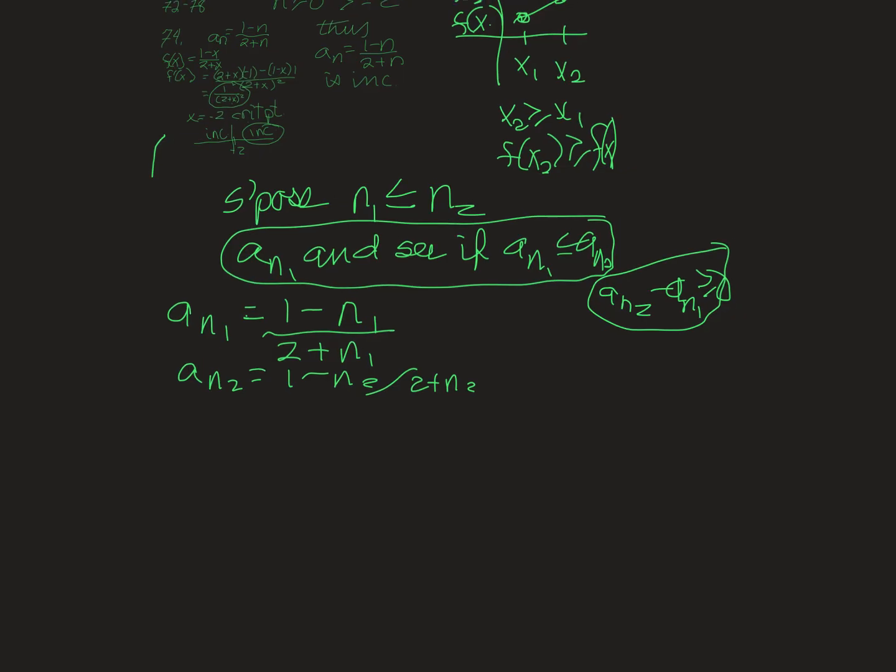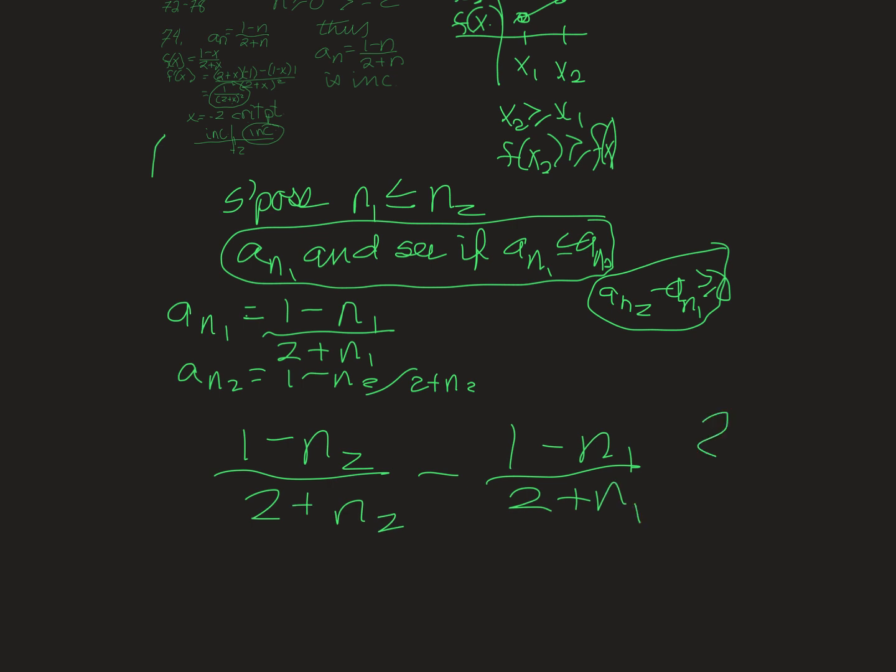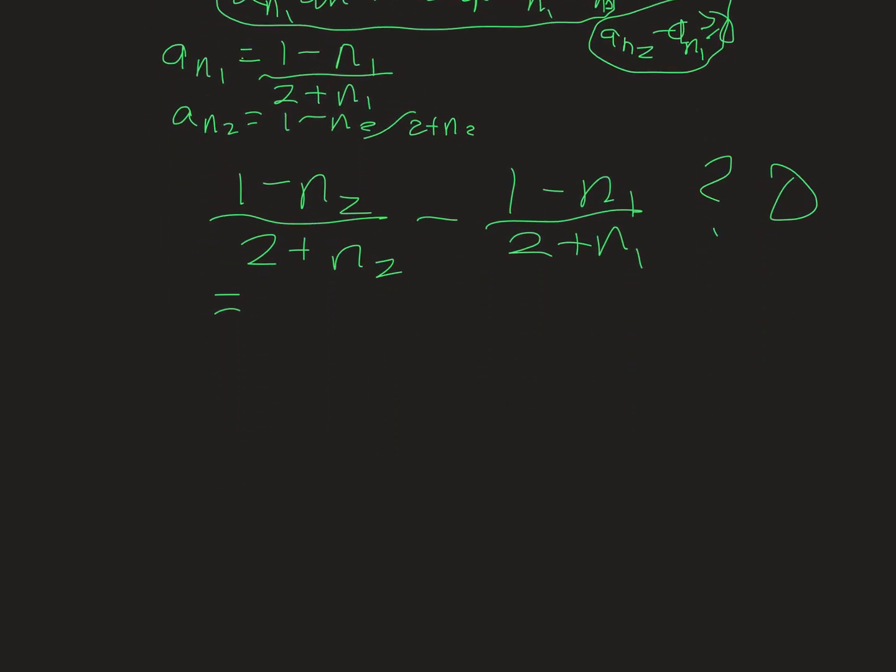It doesn't matter. So what I'll do is I'll take 1 minus n2 over 2 plus n2 minus 1 minus n1 over 2 plus n1. And I have a question, how does that compare to 0? So I just continue to solve through that, all right? So it's just algebra.